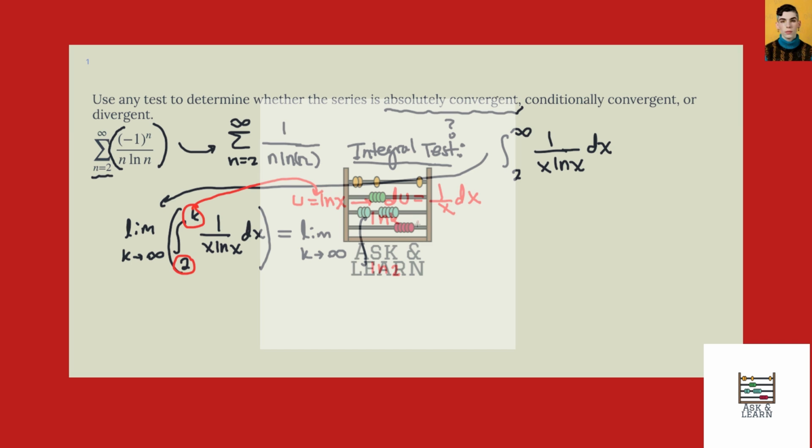And then the integral becomes 1 over u du. Natural log absolute value of u. u goes from ln 2 to ln k.